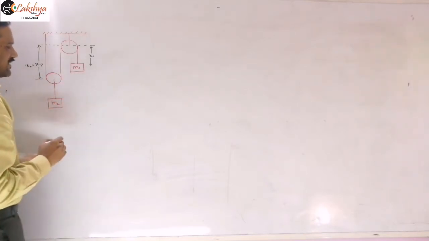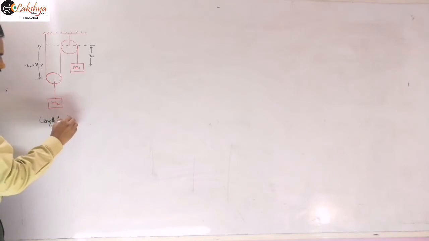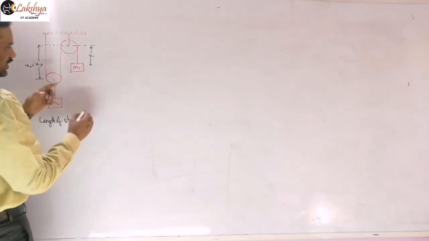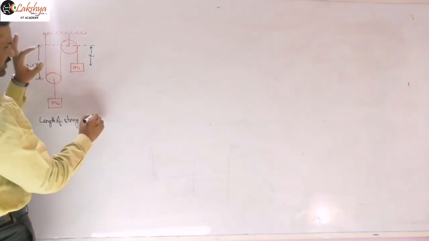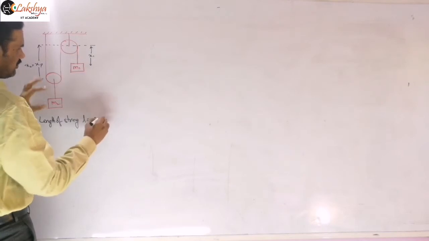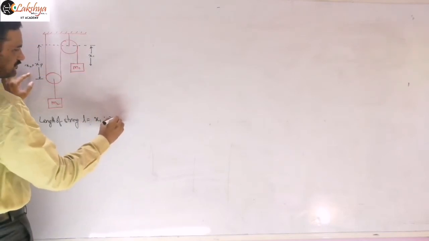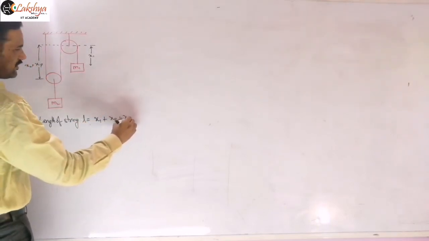Now let us write the length of the string here. Length of string L is equal to, again let us start from one end here as I explained in the last class. Starting here, x1 plus this length will be xp, or x2 you can write, plus again this length, xp.